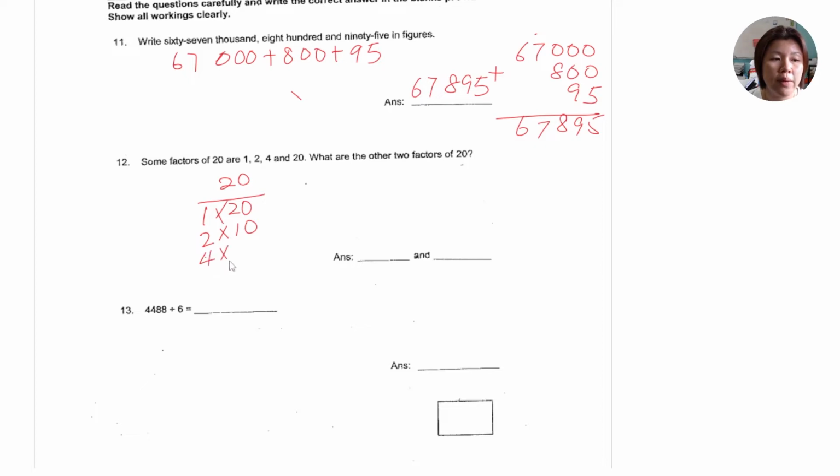Let's go to 4 times 5. 5, yes, is repeated. And that's all. Okay, so we already have 1, 2, 4, and 20. So means 10 and 5 is the missing one. Okay, so let's move on.